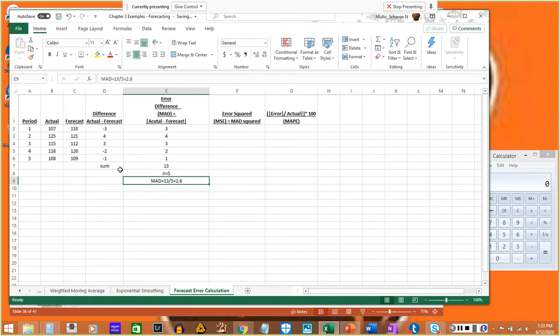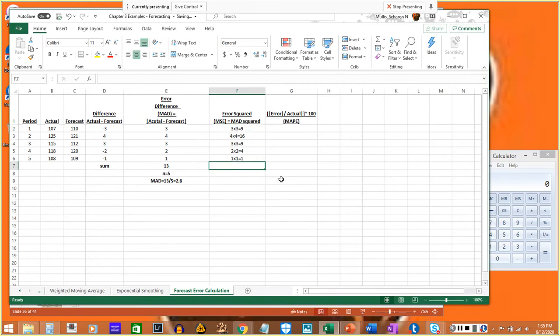So that's how you come up with the mean absolute deviation. You figure out what the differences are by subtracting actual minus forecast, make all of those numbers an absolute value, and then divide the sum of those numbers by the number of periods, which is 5, and you come up with your 2.6.